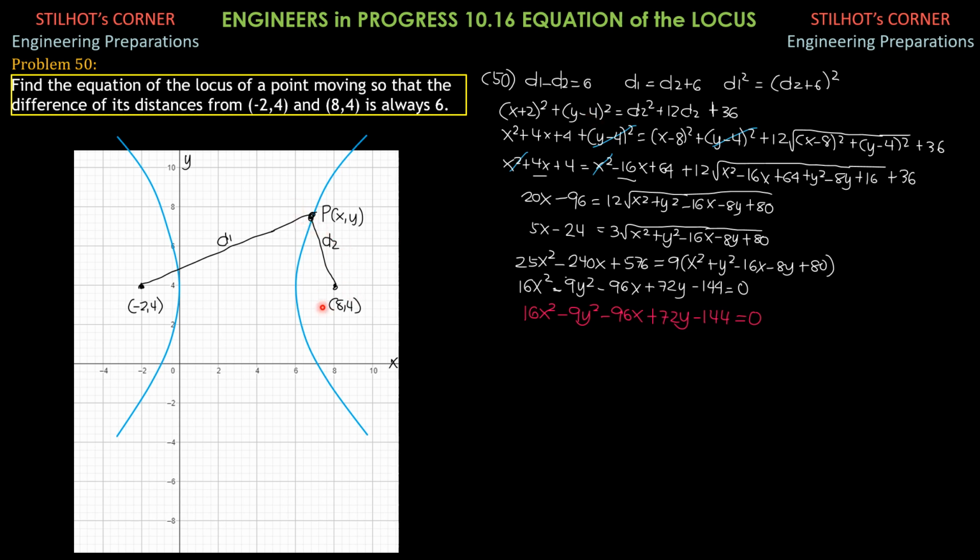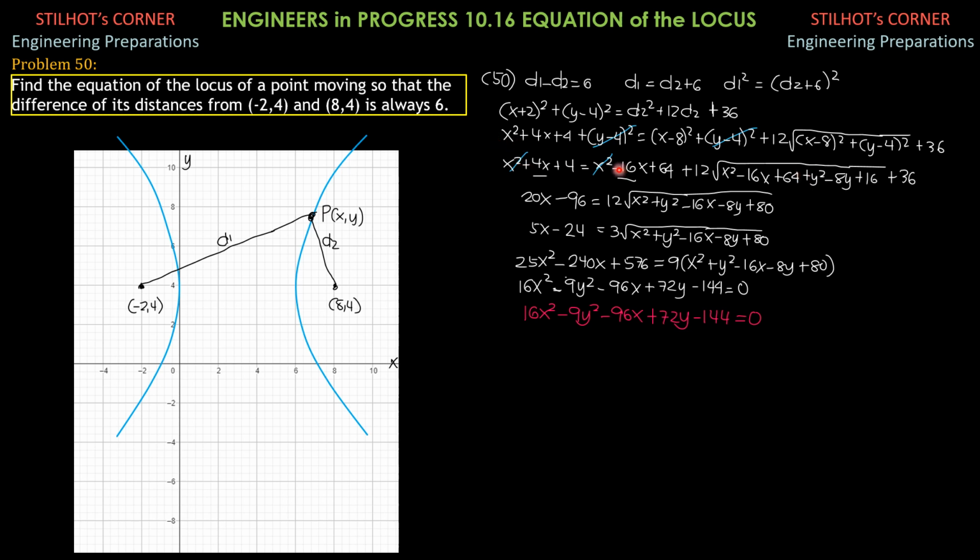This distance 2 squared is the quantity x minus 8 squared plus the quantity y minus 4 squared. We just copy that, and d sub 2 is this one. So square root of the quantity x minus 8 squared plus the quantity y minus 4 squared, and we copy 36. So we can cancel the y minus 4 quantity squared, eliminate that term.